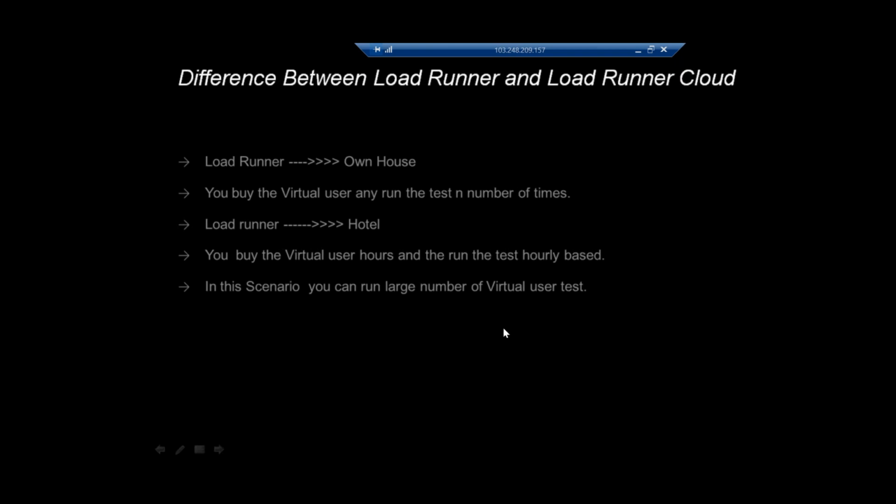In that scenario, it would be very costly, and there's no use buying for a lifetime because you use it only once or twice. So in this scenario we go to LoadRunner Cloud and use the virtual user hourly based test, and this is where we can run a large number of virtual user tests.